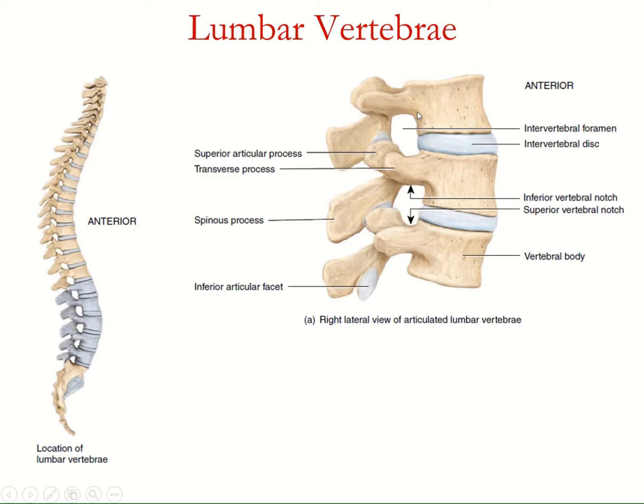Since these are your lumbar vertebrae already, there won't be any processes or articulations with the ribs. So you'd be able to appreciate here the shorter processes, larger vertebral bodies, and the intervertebral disc over here, which is present in between each of the spaces between your vertebral bodies.